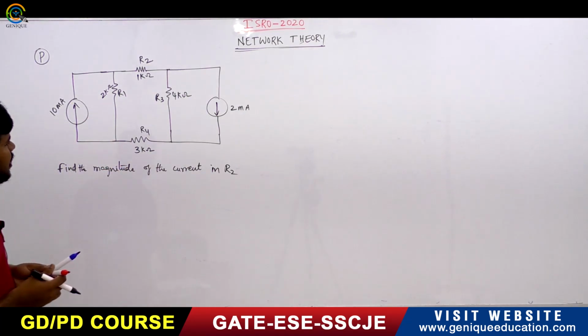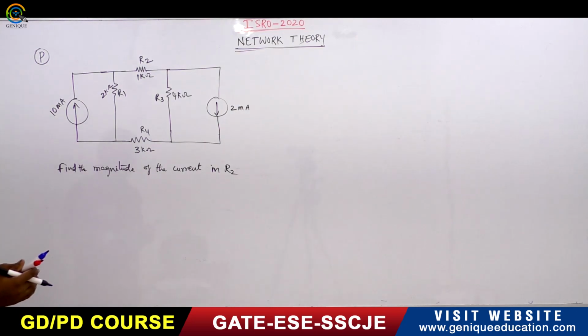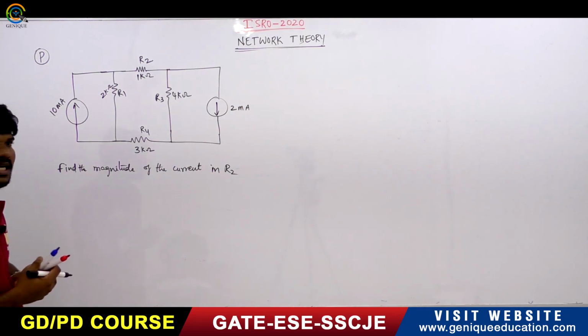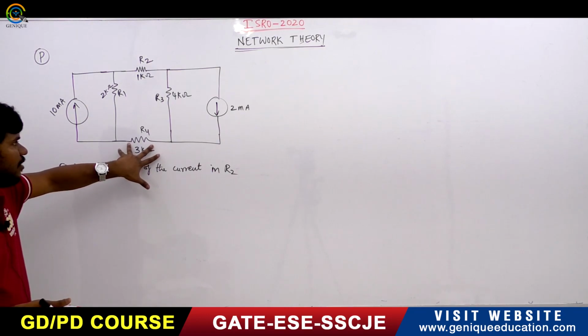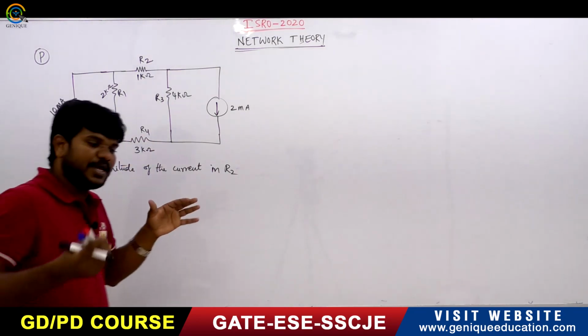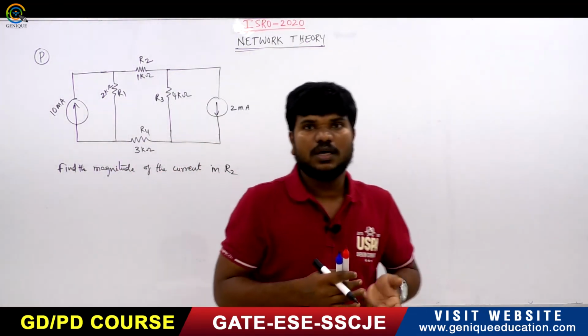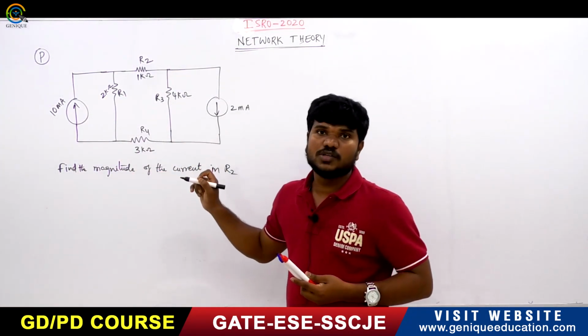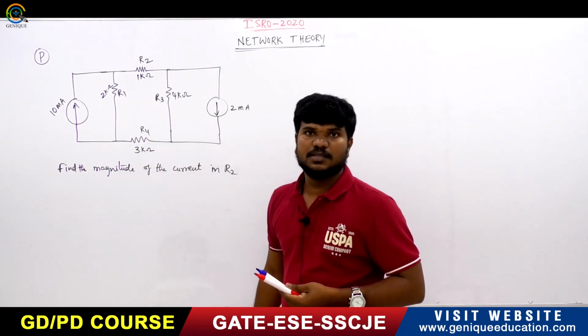Whenever you find this kind of question, you have to think whether the circuit may be simplified in any manner or not. Directly you cannot solve by keeping the resistor like this.